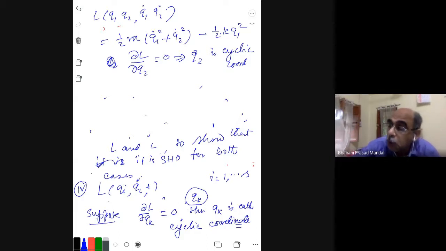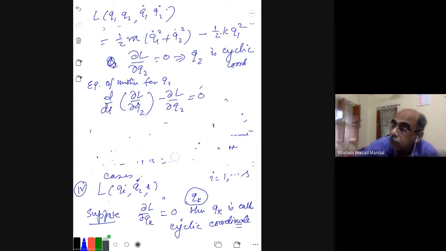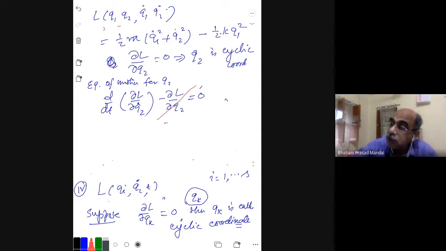Why? Because go back to the equation of motion. For the q2 variable, it will be d/dt of del L del q2 dot minus del L del q2 equal to 0, right? For q2, this will be the equation. Now this term is 0 because q2 is cyclic.